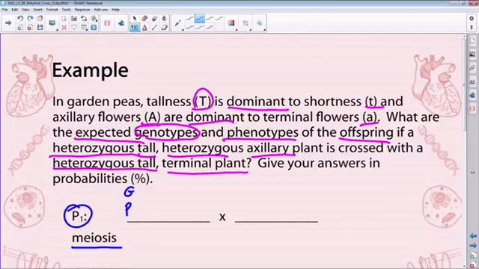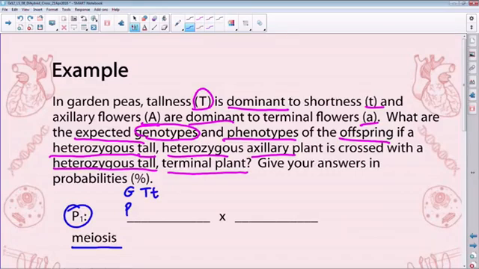Let's give the genotypes first. This is how we think about it, and I'm doing it slowly. I'm going to give you time. We have a heterozygous tall plant, and heterozygous tall means big T, small t, because you put the traits together.